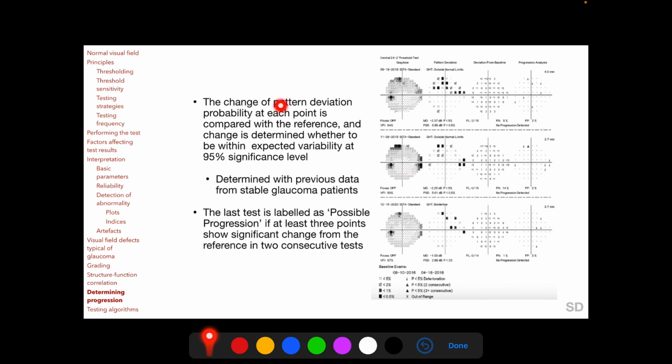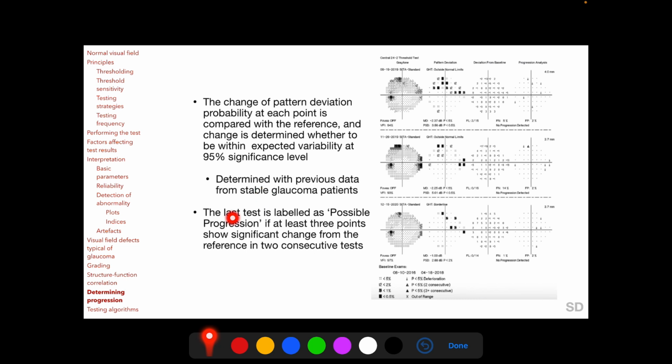The change of pattern deviation probability at each point is compared with the reference, and the change detected is determined whether to be within expected variability at 95% significance level by comparing the change found in the subject with previous longitudinal change data from stable glaucoma patients available in the machine.